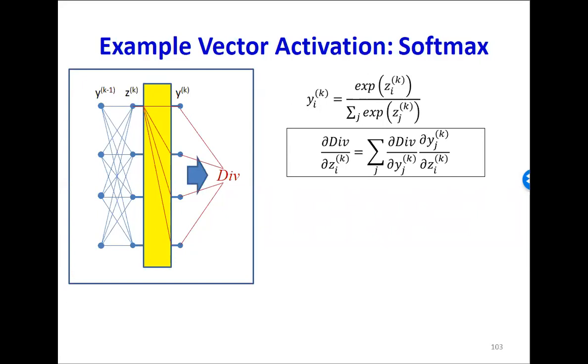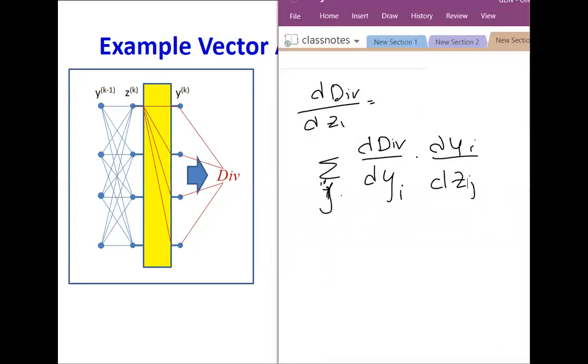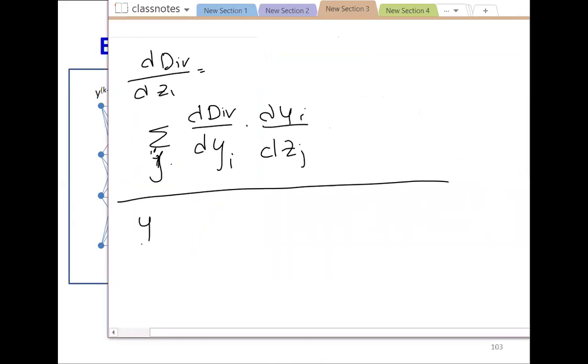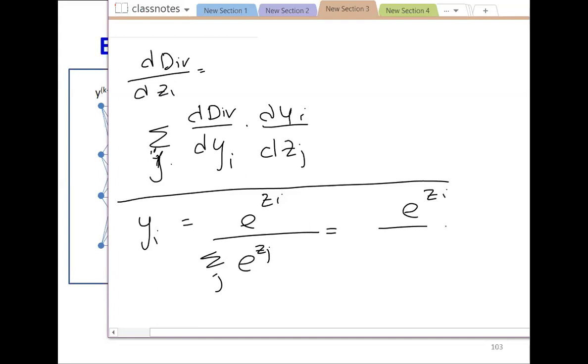Let's actually derive it for the softmax function. I have yi equals e raised to zi over summation j e raised to zj. And I can write this as e raised to zi divided by e raised to zi plus summation j not equal to i e raised to zj, right?